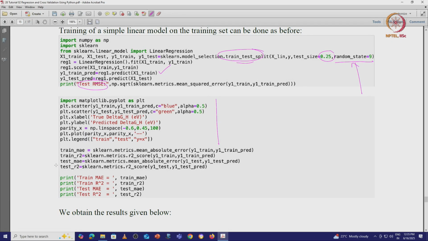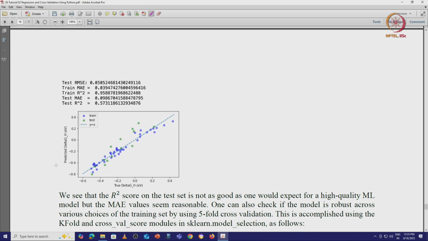Assuming that you have done all this at your end, you have put in the hard work, these are the results that you would probably get. It is actually not bad. The parity plot at least looks nice, but what is concerning is that the train R square is 0.95, which is very nice, but the test R square is only 0.57. So that is clearly a cause of concern. It is problematic, and this is also reflected in the train MAE being much lower, almost 1/3 of the test MAE.